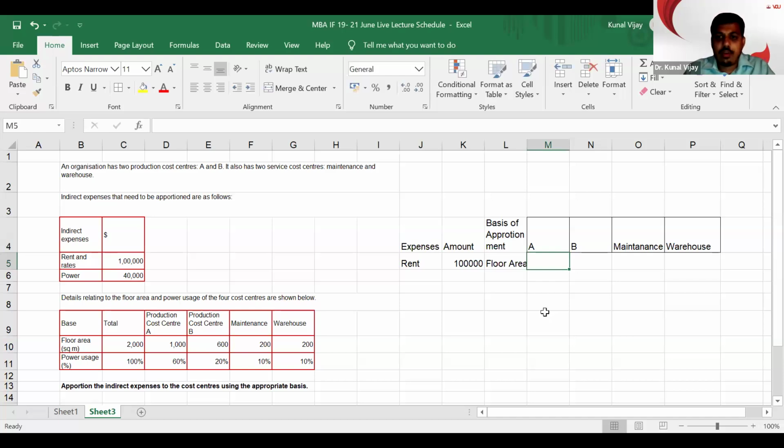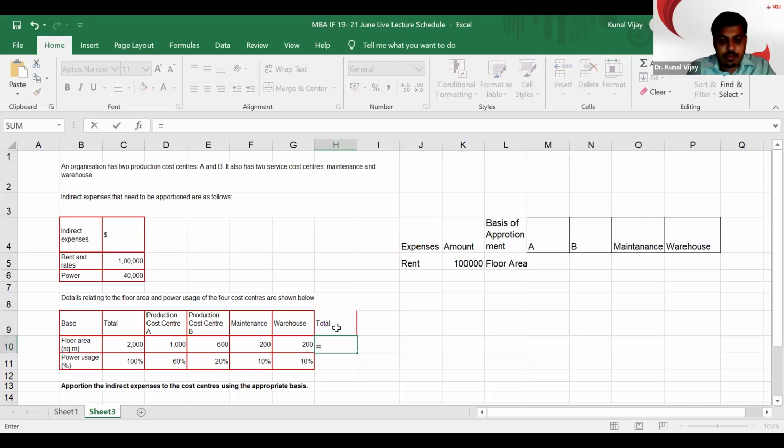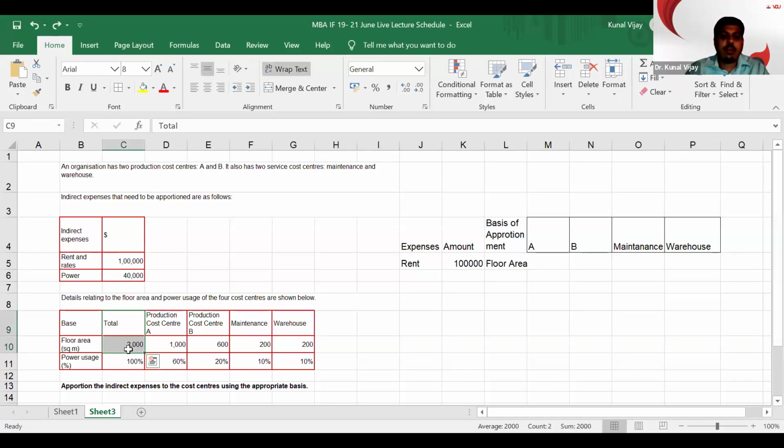Now, for A, what amount should it be? First of all, I will take the total of all the floor area. Total is already given here.